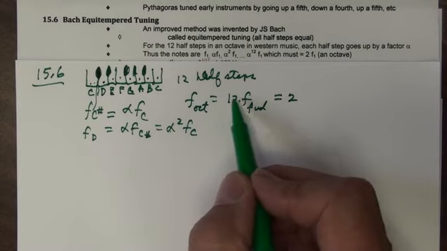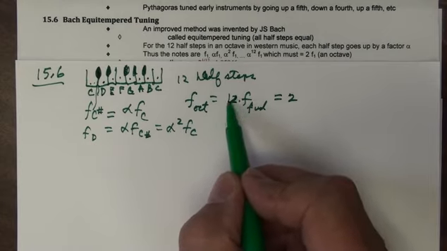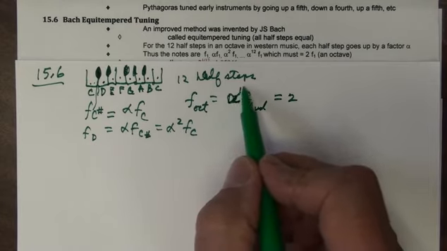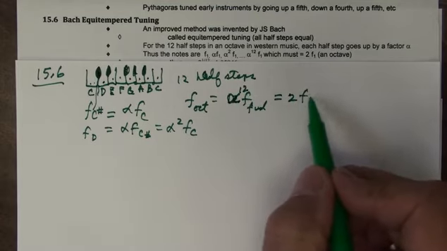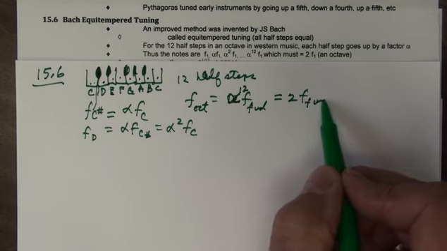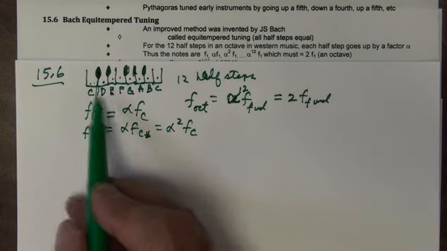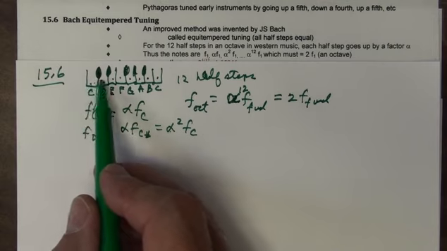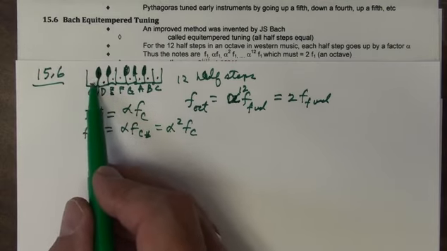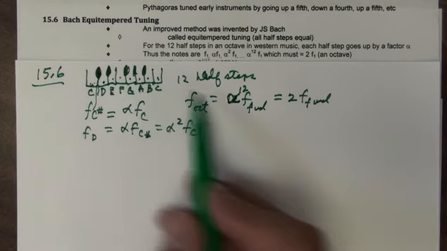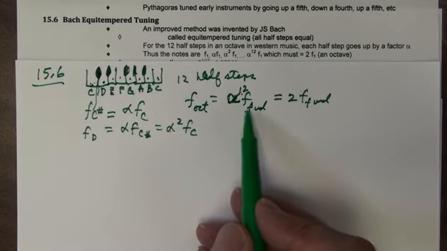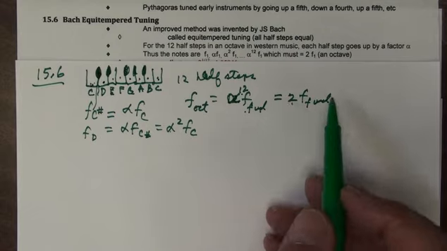This alpha is multiplied by itself 12 times, so it's actually going to be alpha to the 12th power, and that's going to be the same as 2 times the basic fundamental frequency. So as I go up, I have alpha times this frequency. This one's alpha times that, or alpha squared times that, alpha cubed times that, until I get to alpha to the 12th power times my fundamental, which has to equal 2.